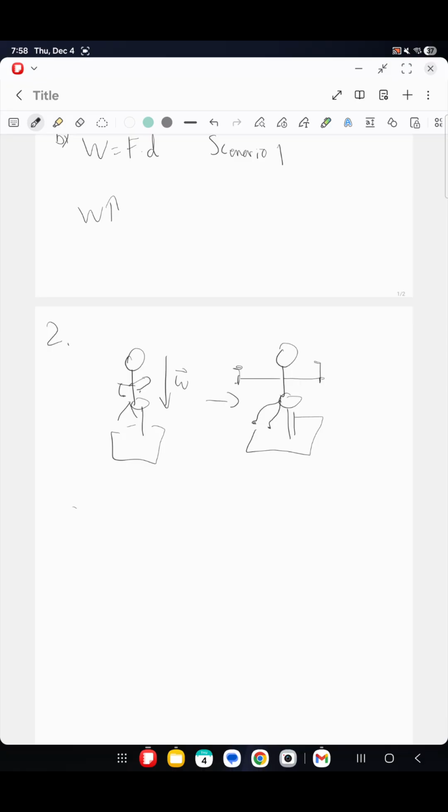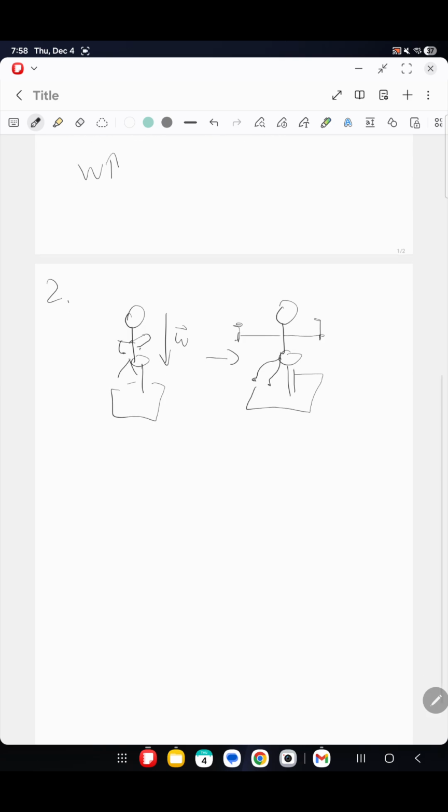So as you are spinning on a chair with your arms in, initially you will have a low moment of inertia. Your arms are in, and according to the equation for moment of inertia, mr squared, the r is pretty small. So the moment of inertia is pretty small.